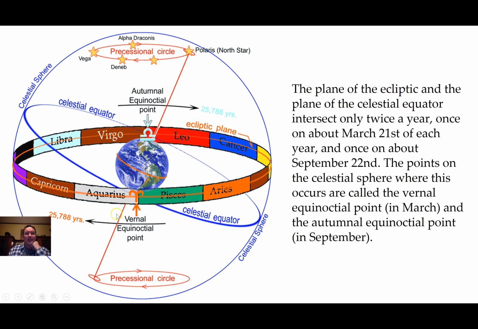Just like a longitude of 0 on Earth is Greenwich, England, the vernal equinox is the 0 point. So that's hour 00.